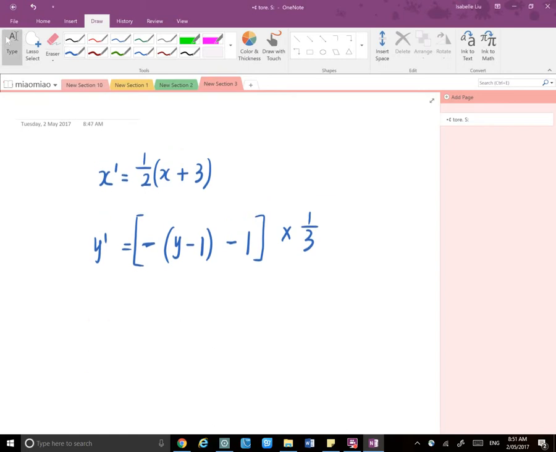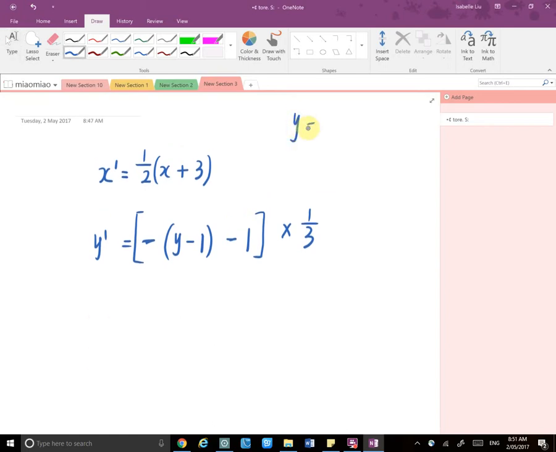Now, your original function is y equals x squared. Okay, that's your very original equation. So I still have x and y, it doesn't change. Therefore, you need x and y to be the subject. So x equals 2x dash minus 3.